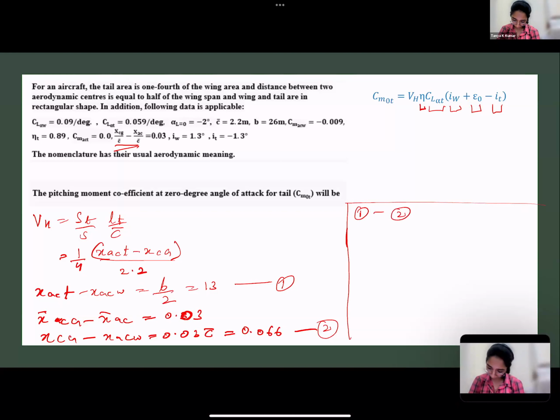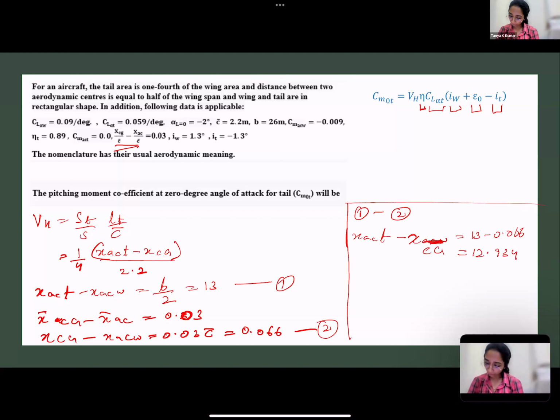1 minus 2. So you will have XAC tail minus XCG. How much is this value? It's just 13 minus 0.066, which is 12.934.